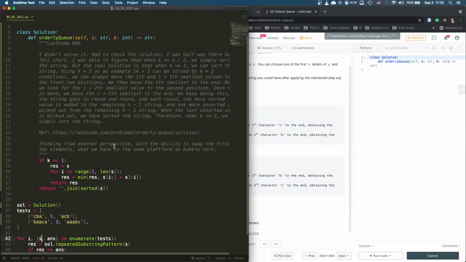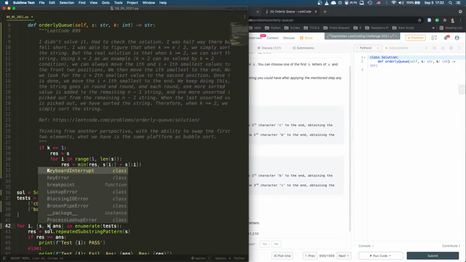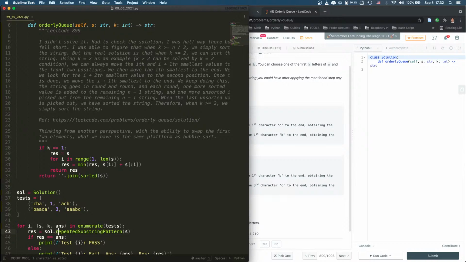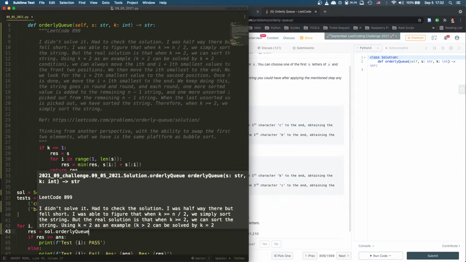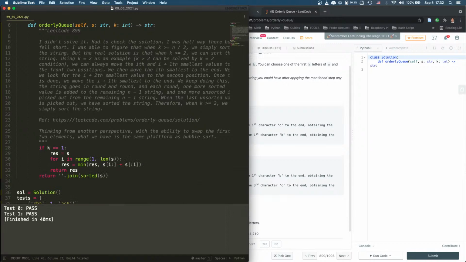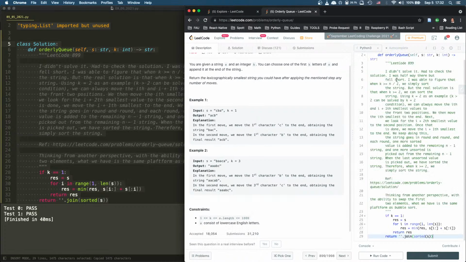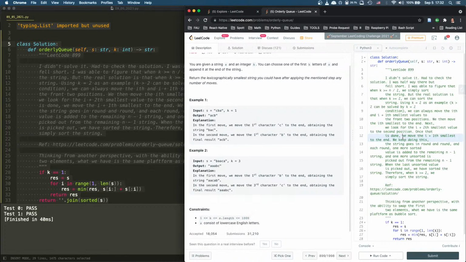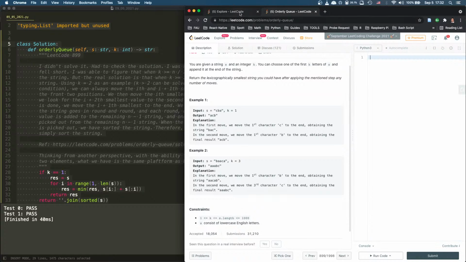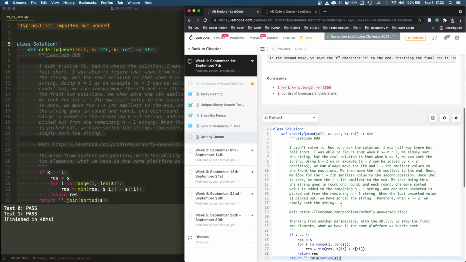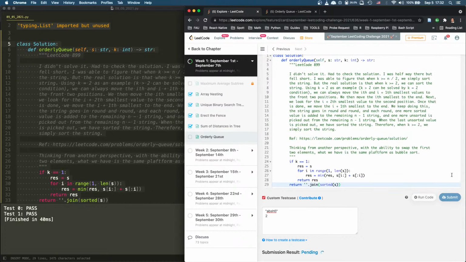We have s and k, this is going to be the order s and k. Yep, that's fine. We've been on a good streak. Oh, hold on. Don't submit here. I have to submit on the other site, they don't accept it here.